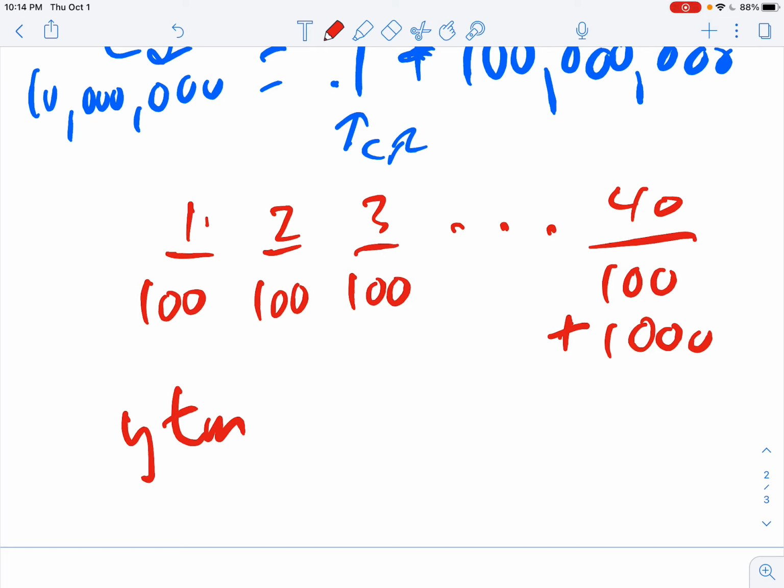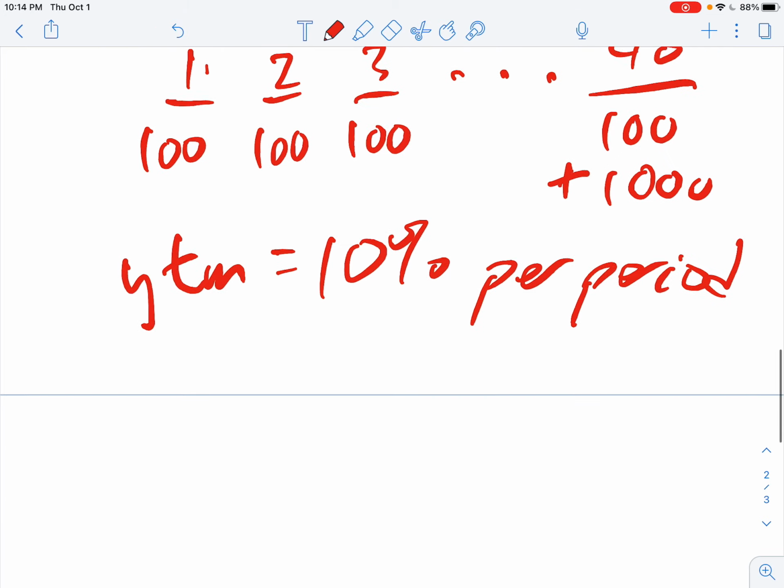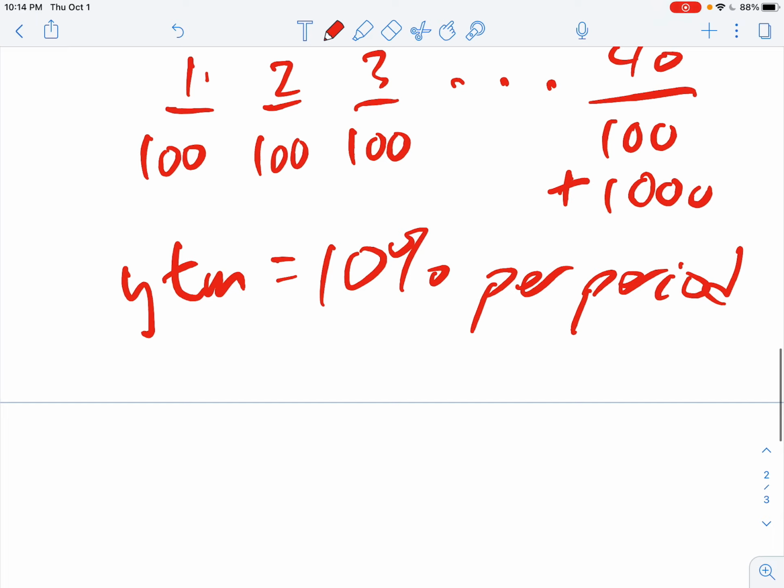Okay, so let's just say at the time this bond is issued, the yield to maturity is 10% per period. Well, what would be a fair price for this bond?